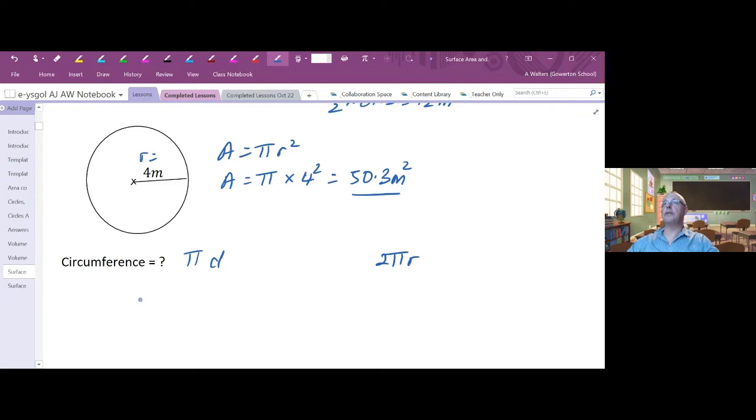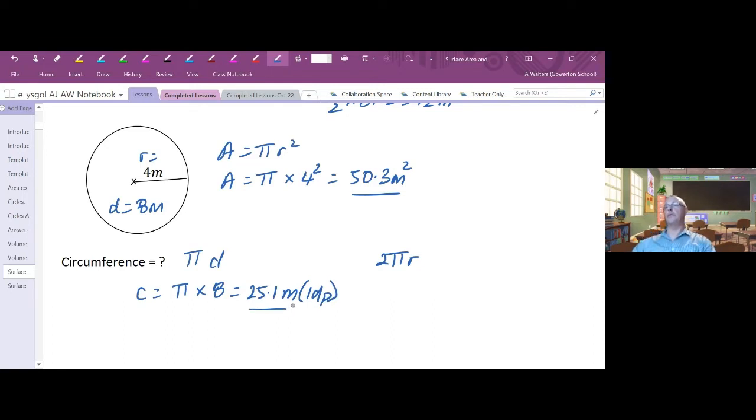The circumference is equal to pi times the diameter. The diameter is 8 meters. It's double the 4. So you would say pi times 8. You would tap that out on a calculator, and you get 25.1. Now this is a distance, so it's 25.1 meters if you were asked to round it to 1 decimal place.